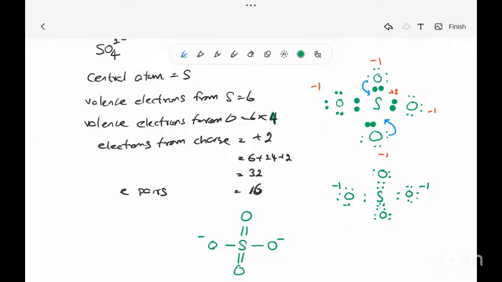So this is the Lewis dot dash structure for the SO4 2 minus ion. We need to show the lone pairs as well, like this, right? It's a very simple thing, but you should not make any mistakes as I did.